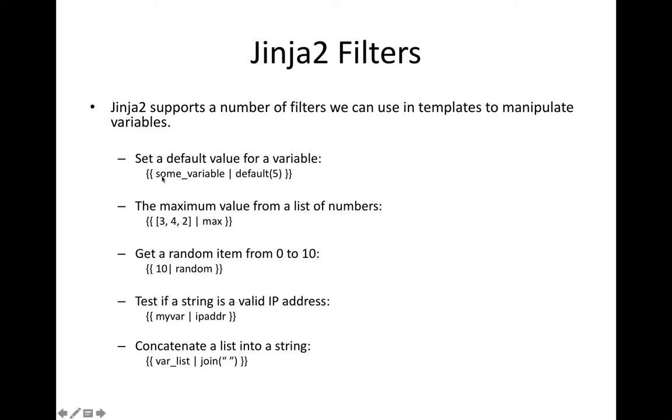So you can do that by using this syntax. You have the variable name, then the pipe, and then you can specify a default value for that particular placeholder. You can define a list of values and pipe it into a max argument here, and the template module will select the maximum value from a list of values. You can pick a random number from 0 to 10 using this random argument.